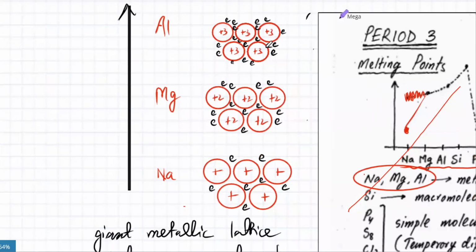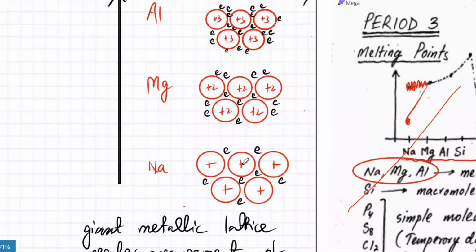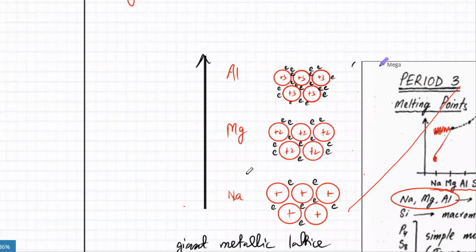In sodium's case, the attraction is going to be a lot lesser. +1 is going to attract the electron over here. The electron will attract the other ion. Because there are fewer electrons and a lot less positive charge, the attraction is going to be lesser. So one thing that happens when you move from Na to Mg to Al is that the charge density increases.